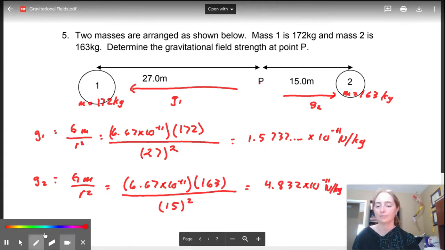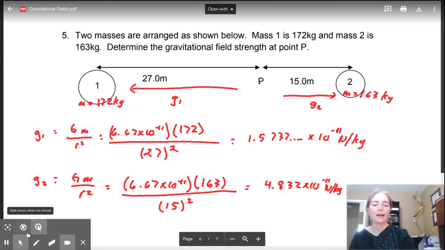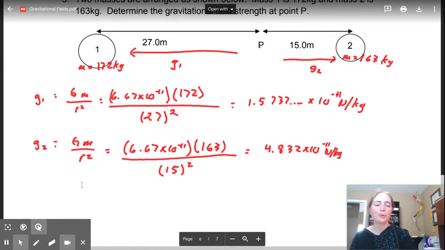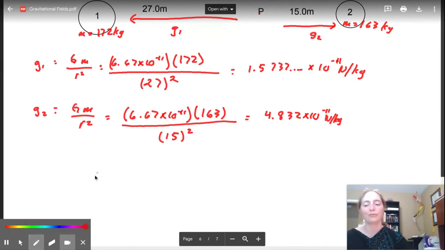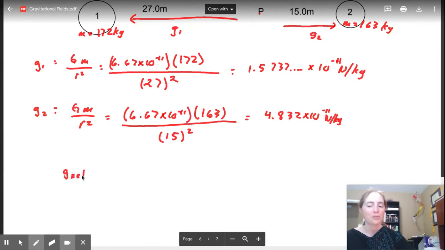All right. So, I'm going to scroll down. So now we have our two gravitational fields. So what we need is to find that net vector, that gravitational field net. Well, just like we would have a force net, we can have a field net equation. So let's look at these values and let's make the bigger one positive, just because it's easier.